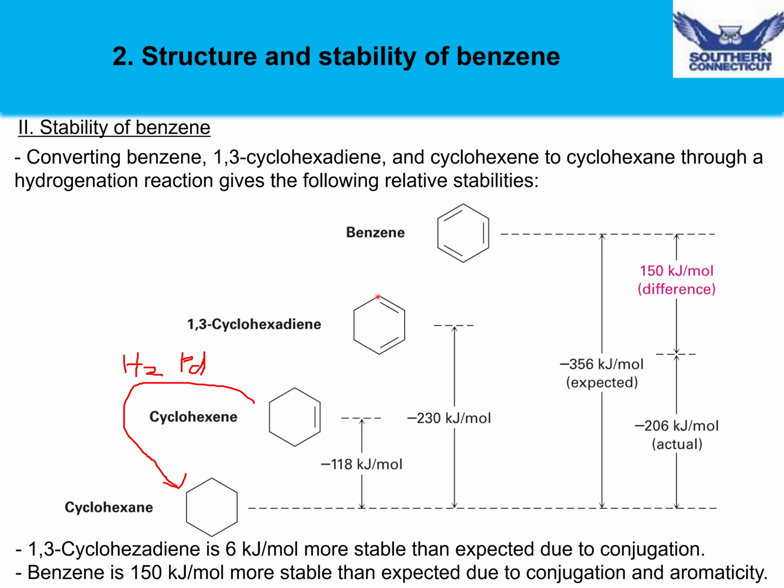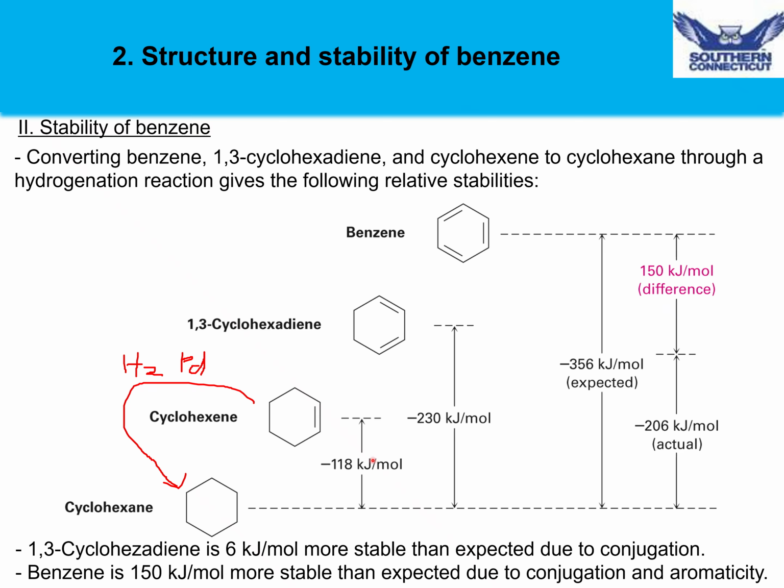If we do a similar experiment with cyclohexadiene, adding hydrogen gas and palladium, the double bonds in this diene will be converted into single bonds, and therefore we will have cyclohexane. Based on the experiment from cyclohexene, we could theorize that the reduction of the double bonds in one cyclohexadiene should release about 236 kilojoules per mole.